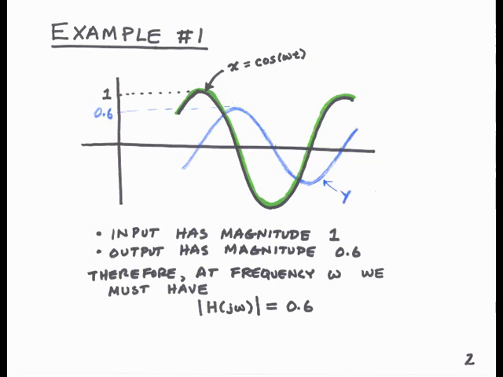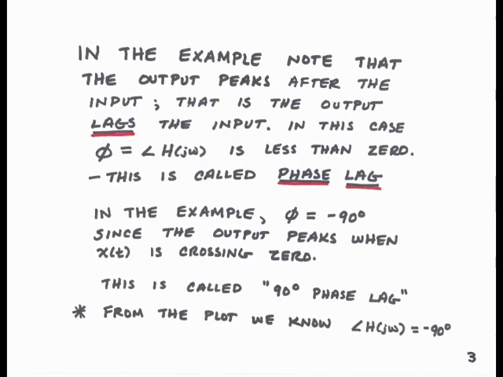Now I want you to note something about the phase relationship between the input and the output. I want you to note that the output peaks after the input. This is referred to as phase lag because the output's peaking after the input peaks. It's called phase lag because the output appears to lag the input. In this case, the angle phi is less than 0.